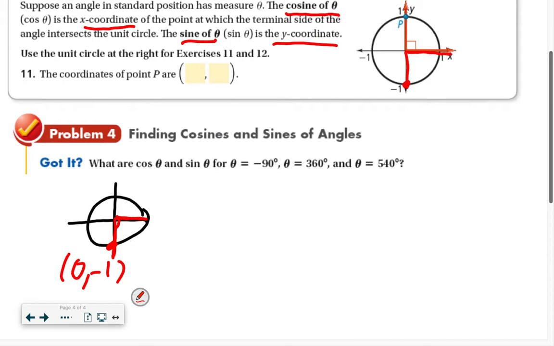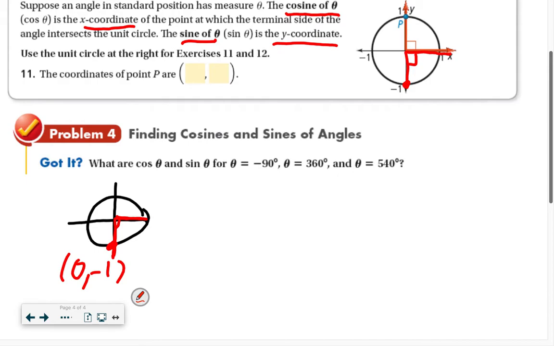Okay, questions on the 0, negative 1? How do you get the negative 1? Because we're down 1 on our unit circle, because this is where our negative 90 degrees is. If we had a positive 90, we'd be at the point 0, 1.